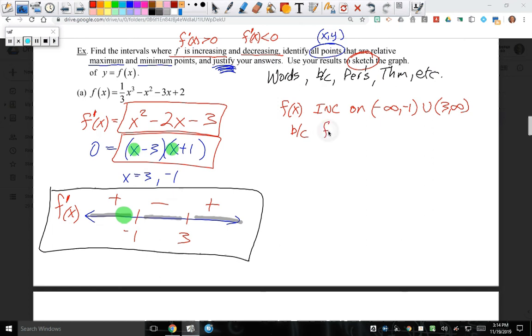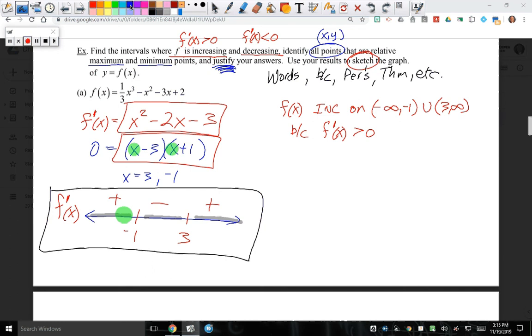Perfect. F prime of x is positive. Guys, if this was all trying to see what f prime was doing, this would have to be f double prime. Don't do that in your notes right now, but if it was looking for what f double prime was doing, you would have to analyze f triple prime, i.e. the first derivative test.